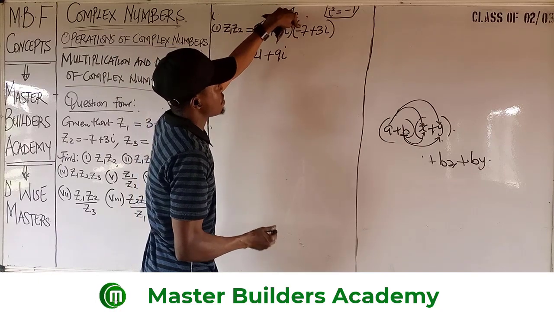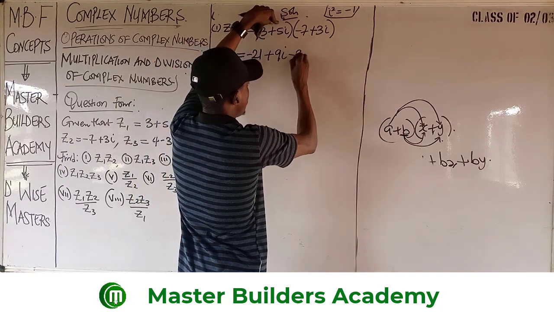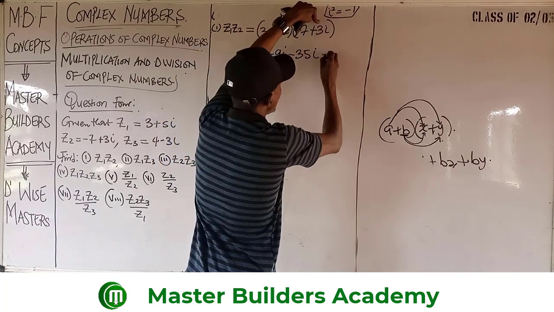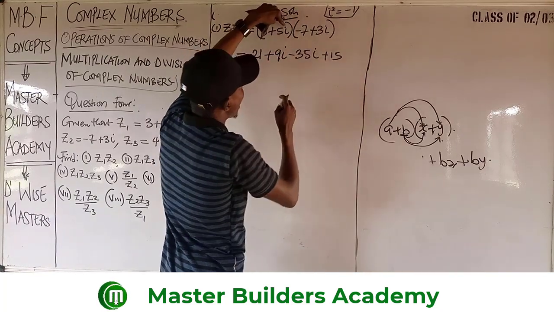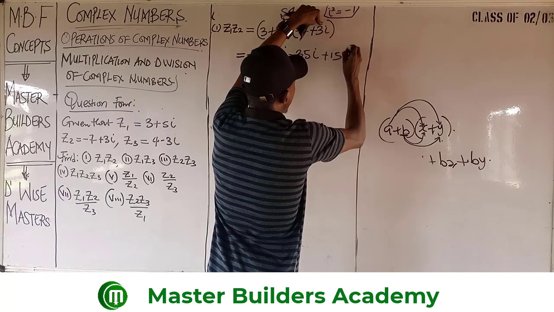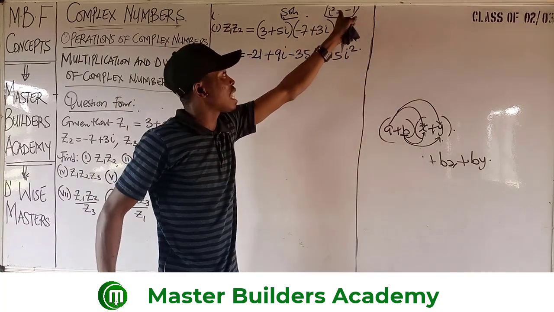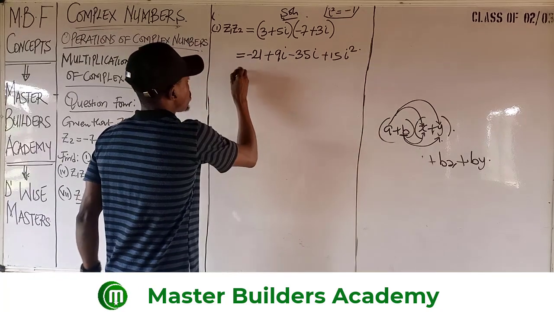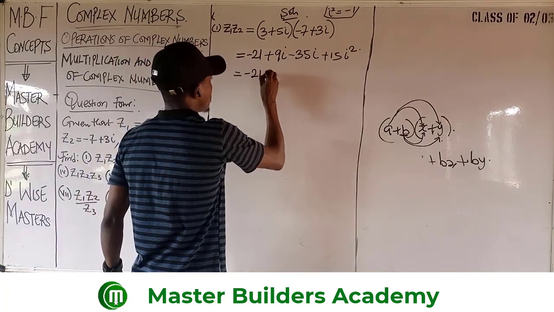5i multiplied by -7 would give us -35i, and then 5 multiplied by 3 will give us 15, and then remember, i multiplied by i will give us i squared. And understand that i squared is equal to -1. Don't forget this. Then as we move further, this will give us -21.